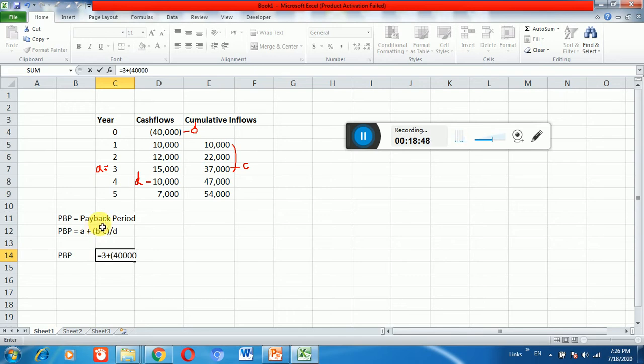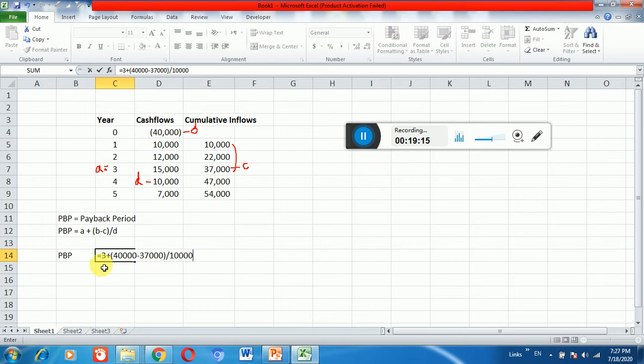Or you can simply click on this cell, or you can write 40,000. But if you click here, the value is negative, so it's better you type 40,000, and from the 40,000 minus, in the formula we have C, 37,000 you have to subtract. And then you have to divide it by D, which is 10,000.